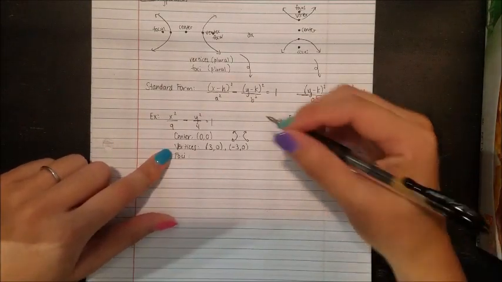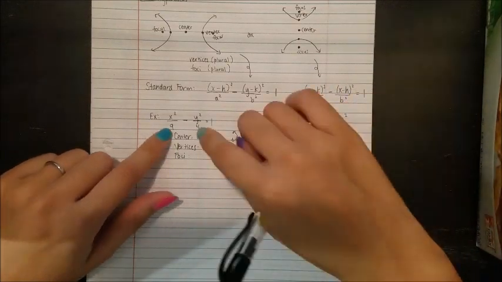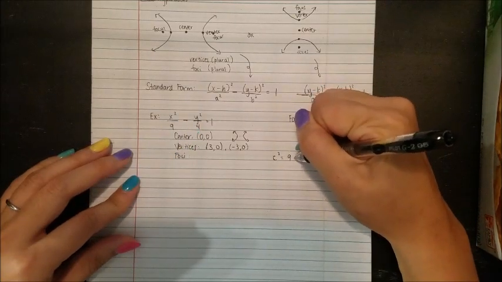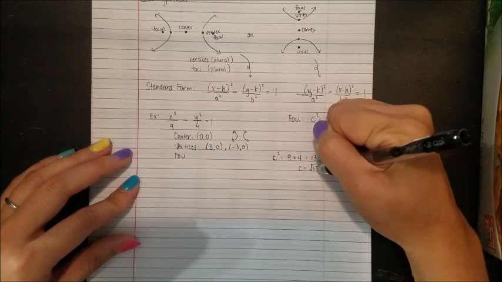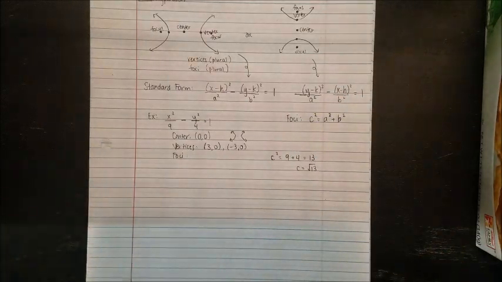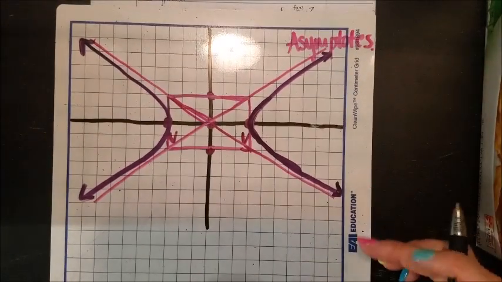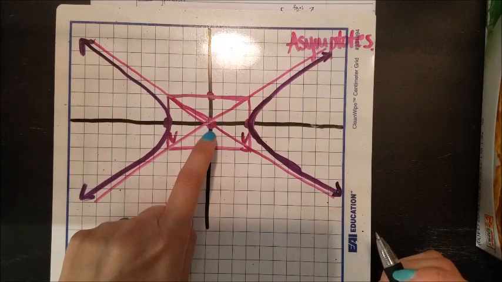C squared for us would be these two numbers added together, because this is A squared, this is B squared. So 9 plus 4 gives me 13. That means C is the square root of 13. So on our graph, that means we're moving from the center, and then we're moving left and right by square root of 13.